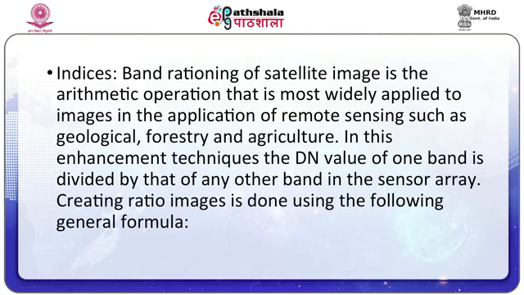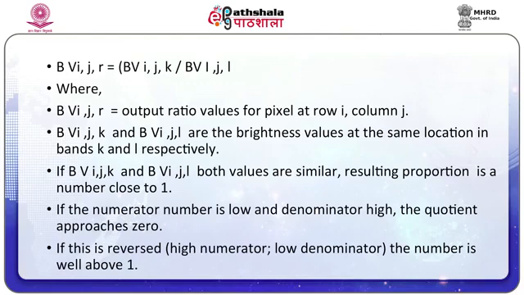Creating ratio images is done using the following general formula, where BVijR is equal to output ratio values for pixel at row i and column j. BVijK and BVijL are the brightness value at the same location in the band K and L respectively.